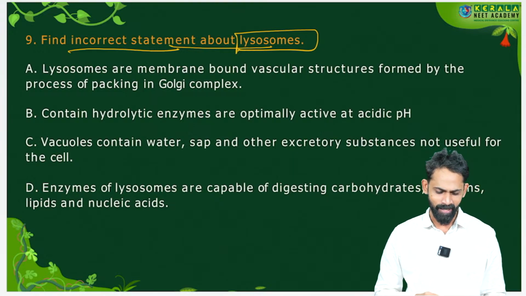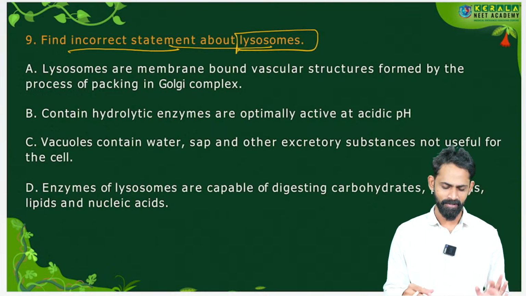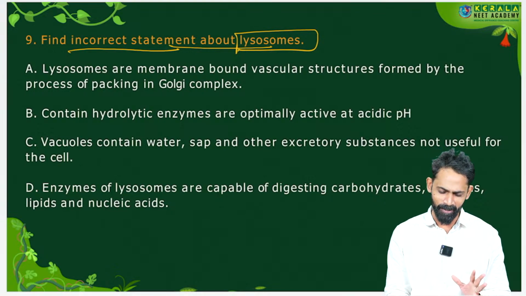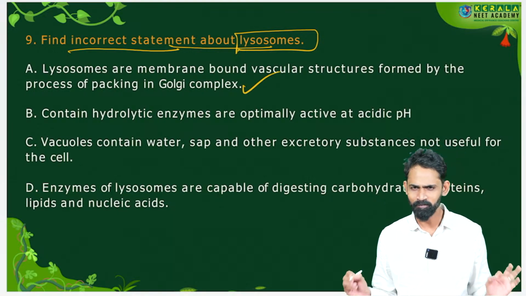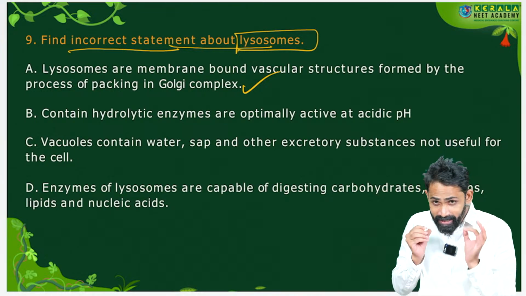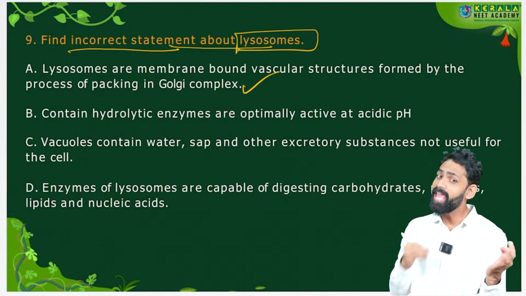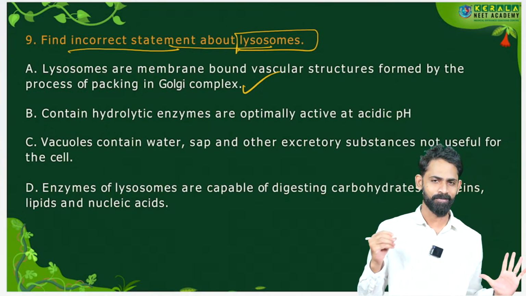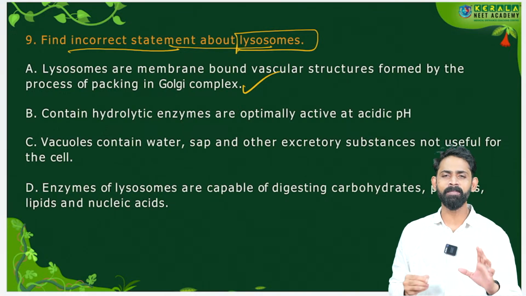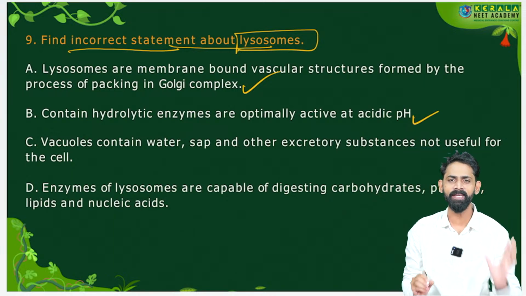First option. Lysosomes are the membrane bound vesicular structures formed from the process of packaging in the Golgi complex. Superb statement. So that's correct, and that statement is related to the lysosomes. Next one. Containing hydrolytic enzymes that are optimally active at acidic pH. Correct. Already I said 4.5 to 5 pH.